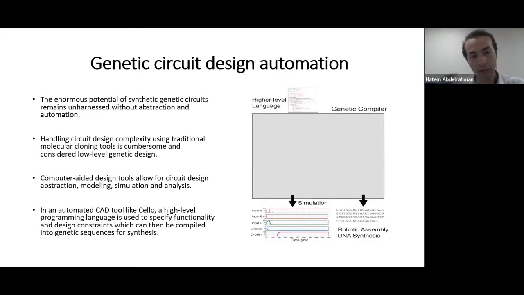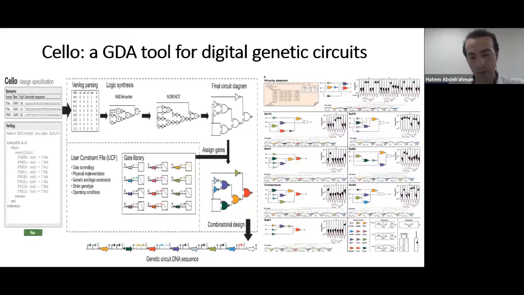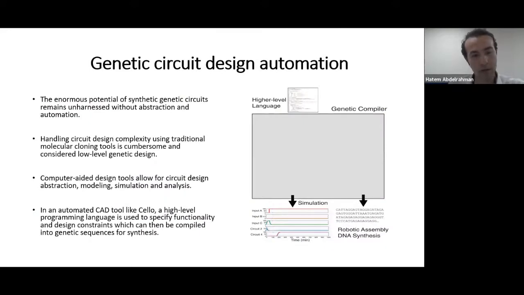Computer-aided design tools help in this design. Up till now, there is a computer-aided design tool that is fully automated called Cello. This simply takes a high-level design specification described in a high-level language and compiles it into a DNA sequence.